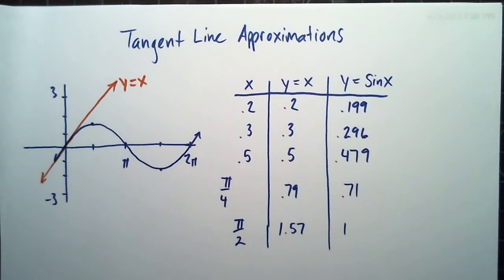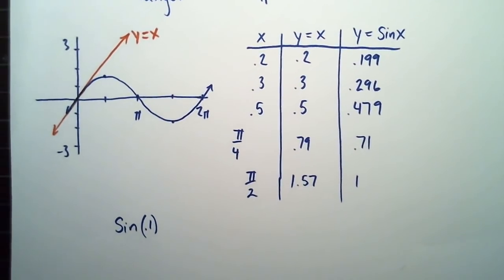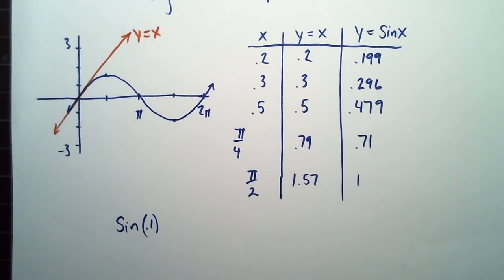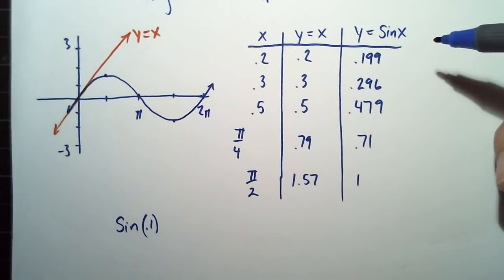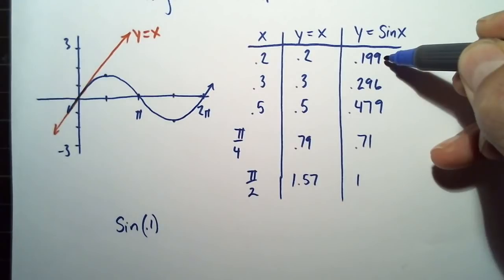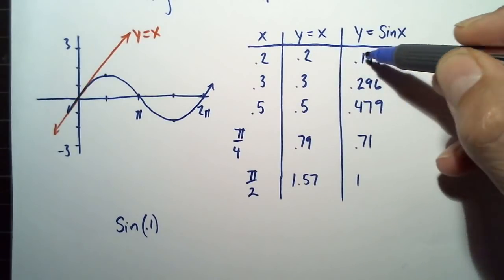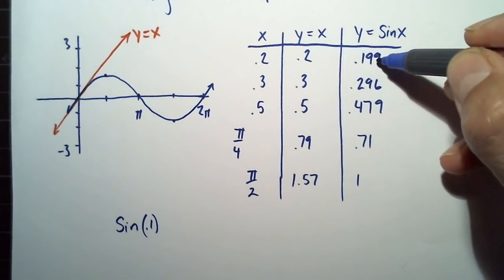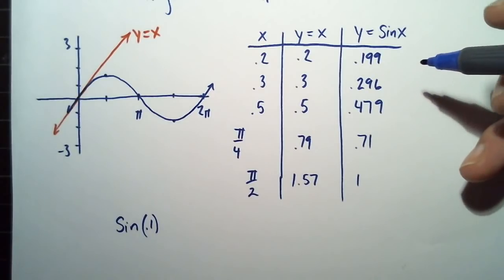Based on what we see here, approximate sine of 0.1. So we don't have a 0.1 in the table, but think about what is happening here, how these y values compare, and what would happen at 0.1.